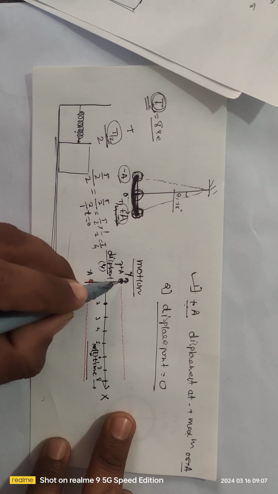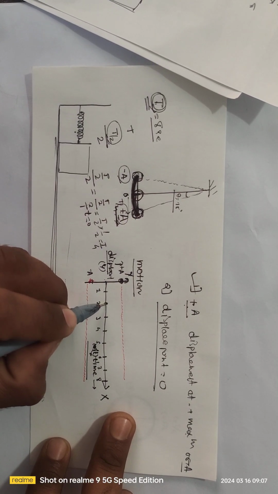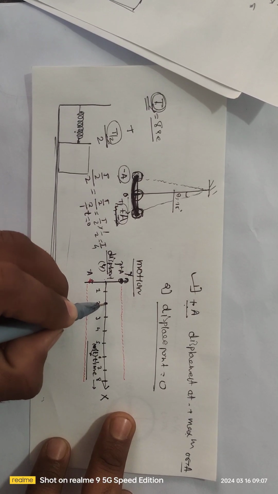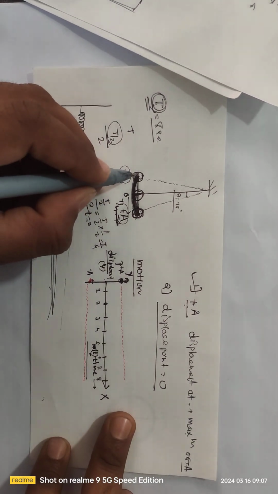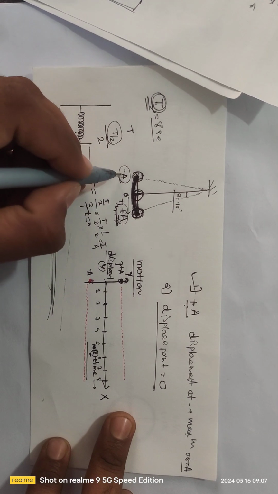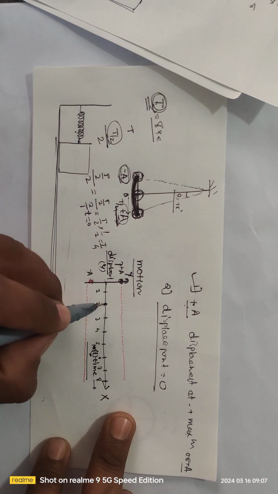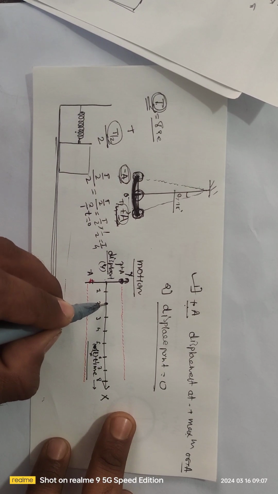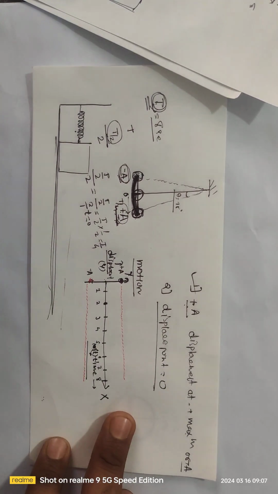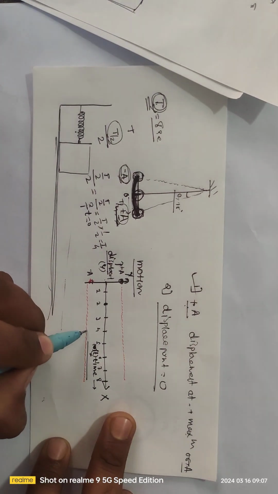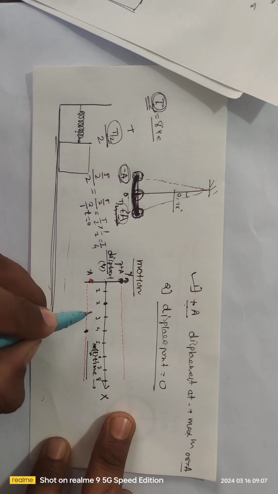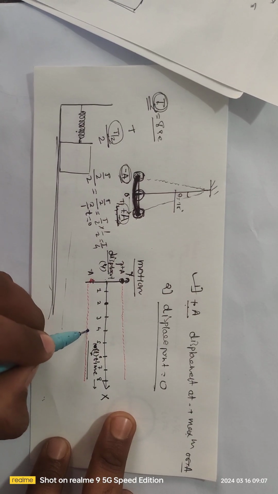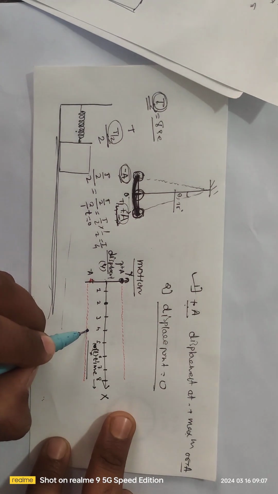After 2 seconds the position of the particle is here. Again after 2 seconds the position of the particle is at minus A. It is called T by 2 time.